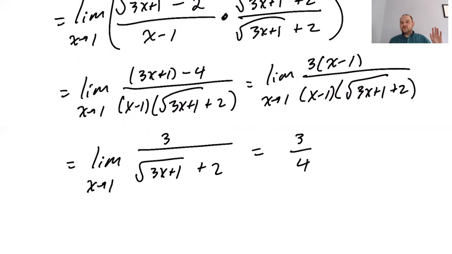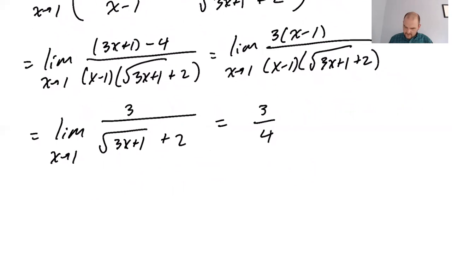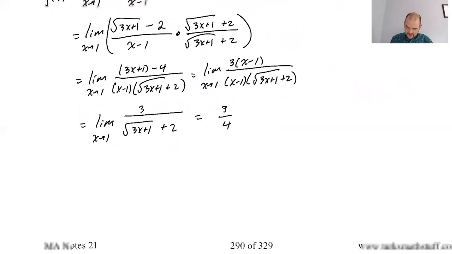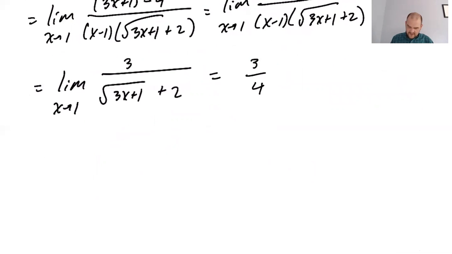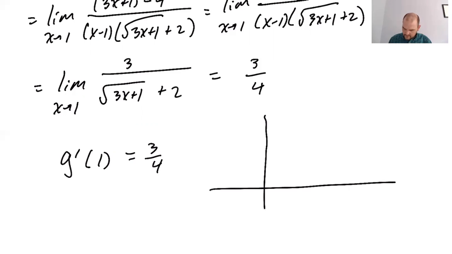So don't lose sight of what's happening, right? What we just found is that g prime of 1 is 3/4. That's the slope of the curve at x equals 1. So if I graph this thing, I'm graphing g of x.